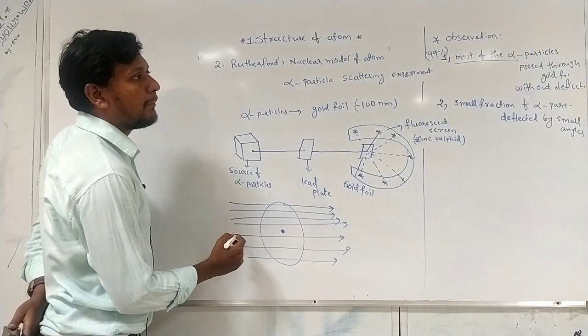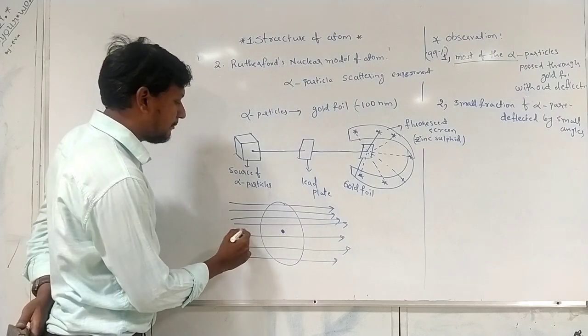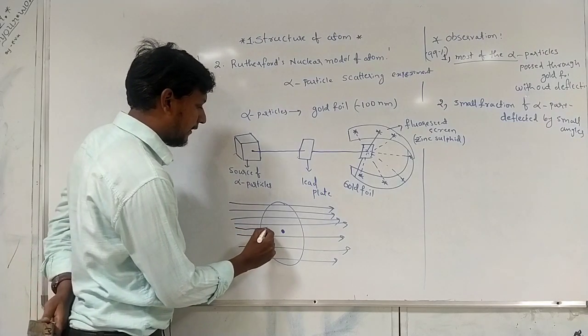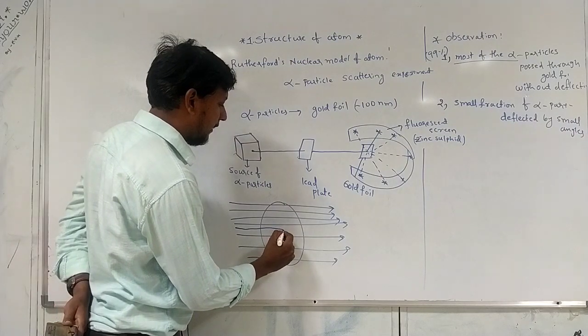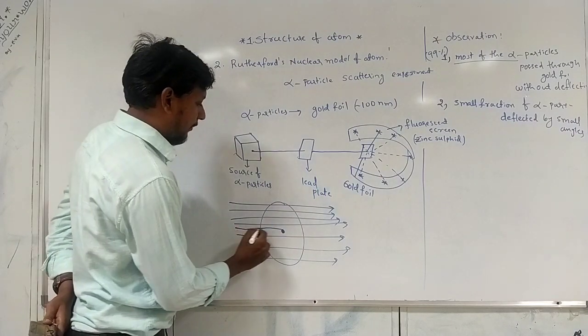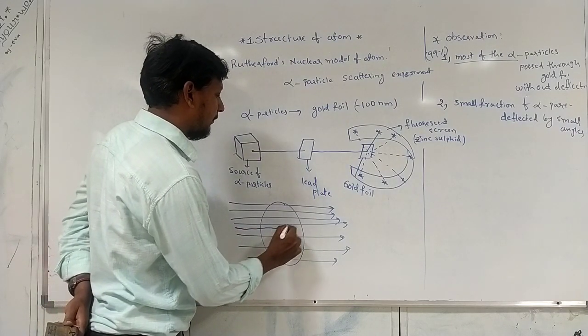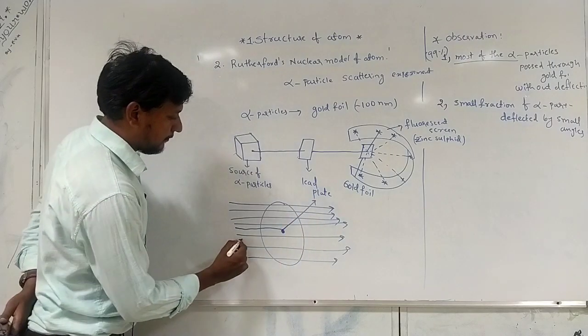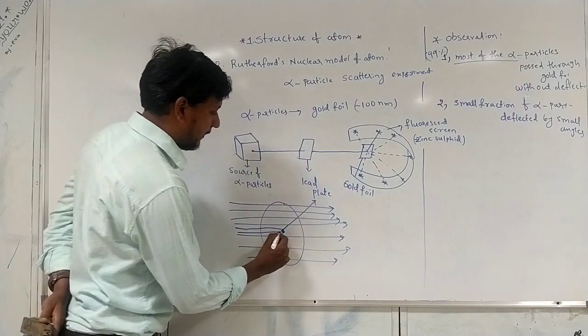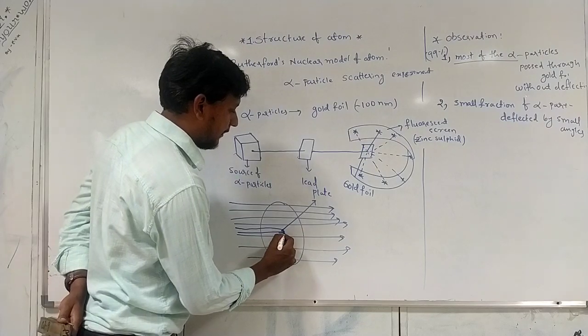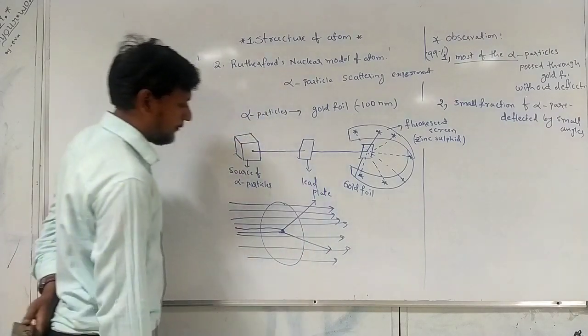A small fraction of alpha particles deflected by small angles means here one alpha particle is deflected by a small angle.